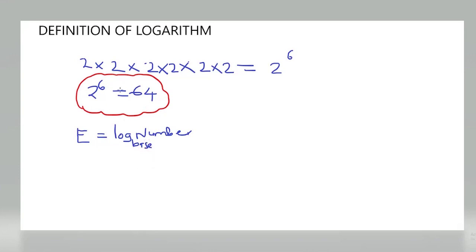Now from this expression, what is the exponent of this number?